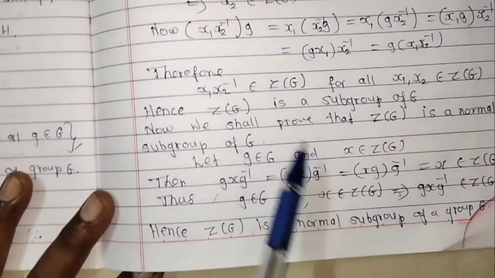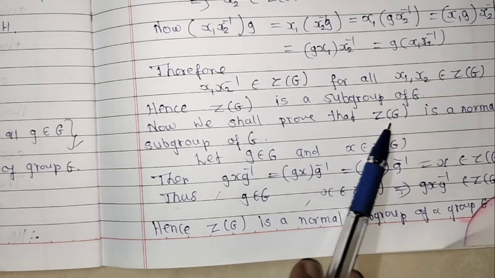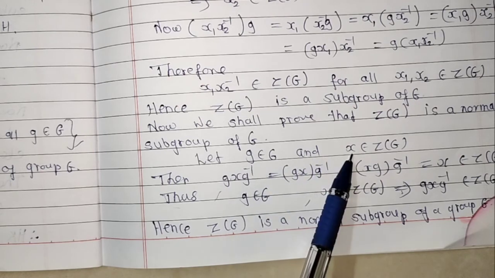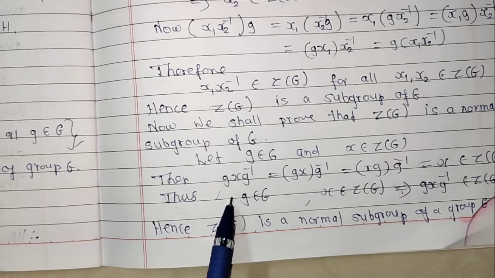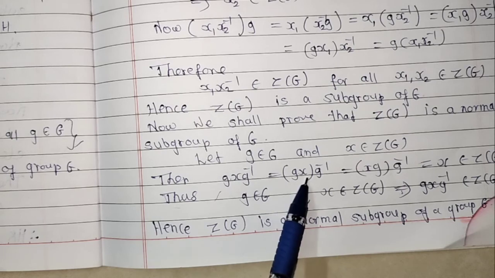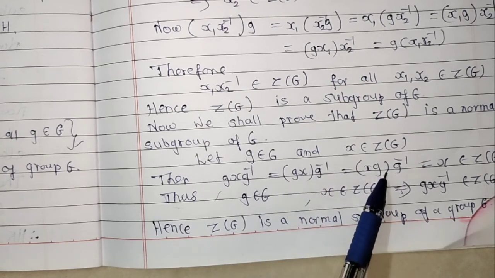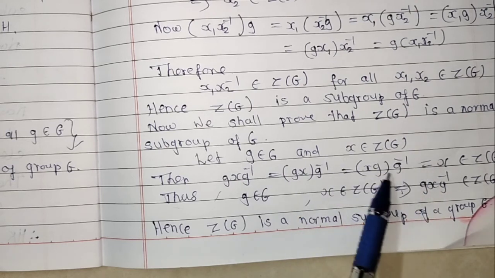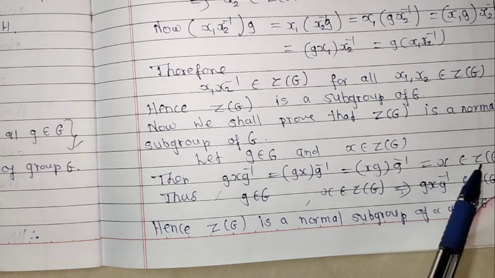Now here we have to prove that ZG is a subgroup, but also that ZG is a normal subgroup of G. To prove this, let g belongs to G and x belongs to ZG. Then gxg inverse equal to g (xg inverse), and since gx equal to xg, this is equal to x g g inverse, and g g inverse is the identity element, equal to x, which belongs to ZG.